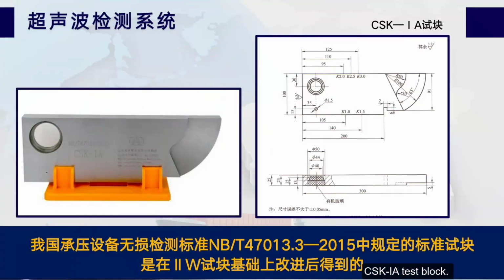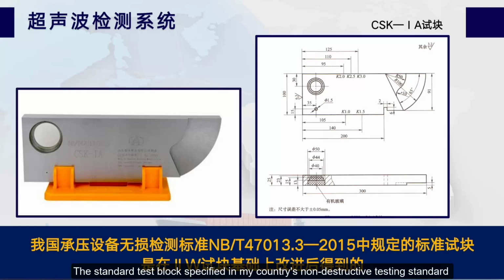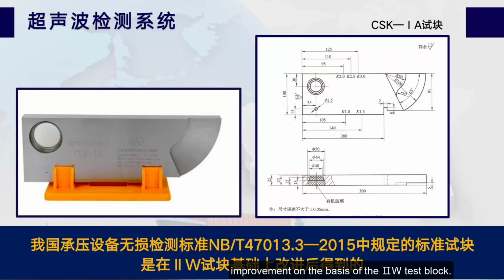CSK-IA test block. The standard test block specified in my country's non-destructive testing standard for pressure equipment NB/T 47013.3-2015 is obtained after improvement on the basis of the IIW test block.